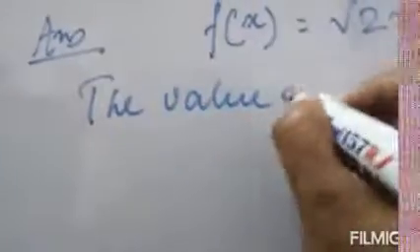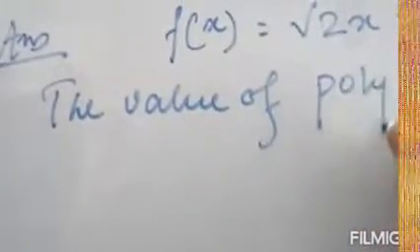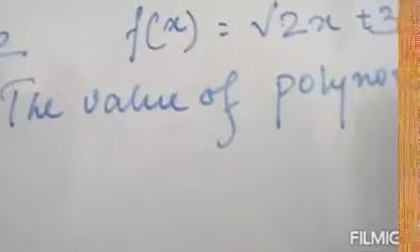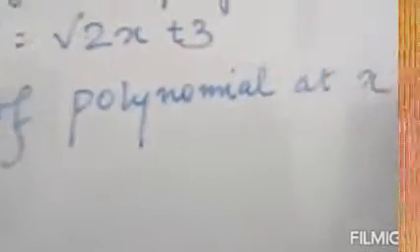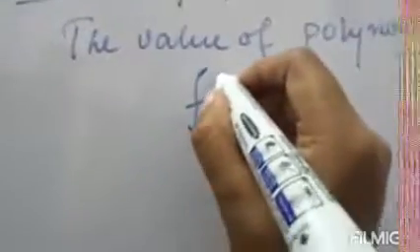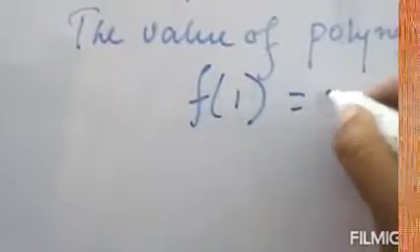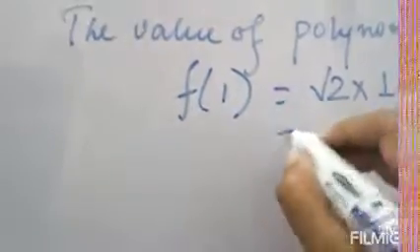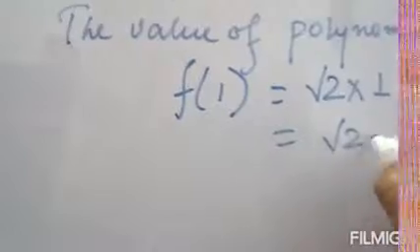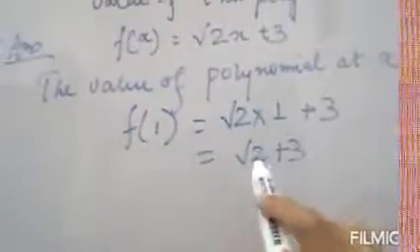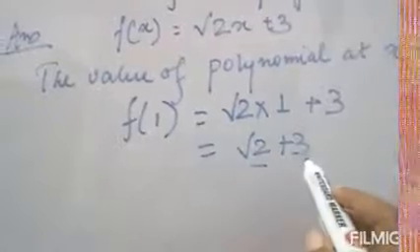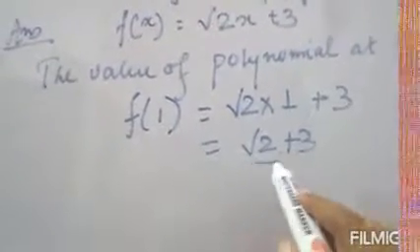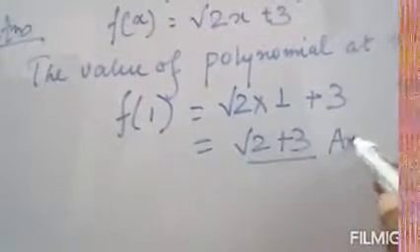Then the value of the polynomial at x is equal to 1: instead of f(x) I'll write f(1), and instead of x I'll write 1. Root 2 into 1 will be root 2 plus 3. Now see, this is an irrational number and this is a rational number. We can't add them in that way, so we will keep the answer like this. Understood?